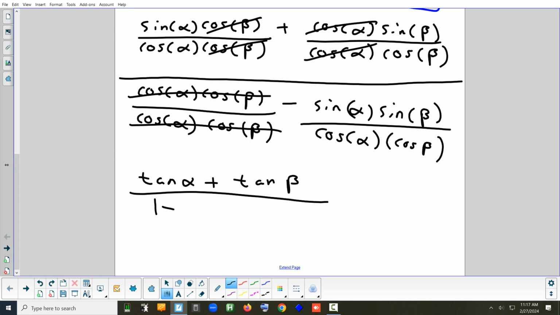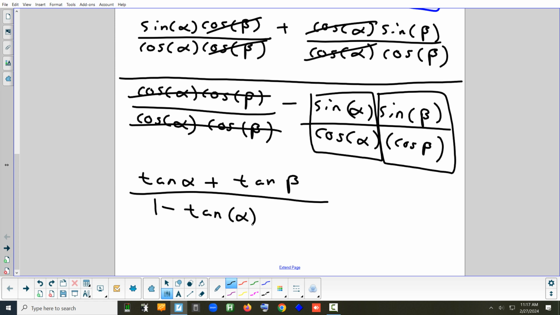Now, think of this as that and that. We just did that. Times tangent beta. Sine alpha over cosine alpha is tan alpha. And what's sine beta over cosine beta? Tangent beta.